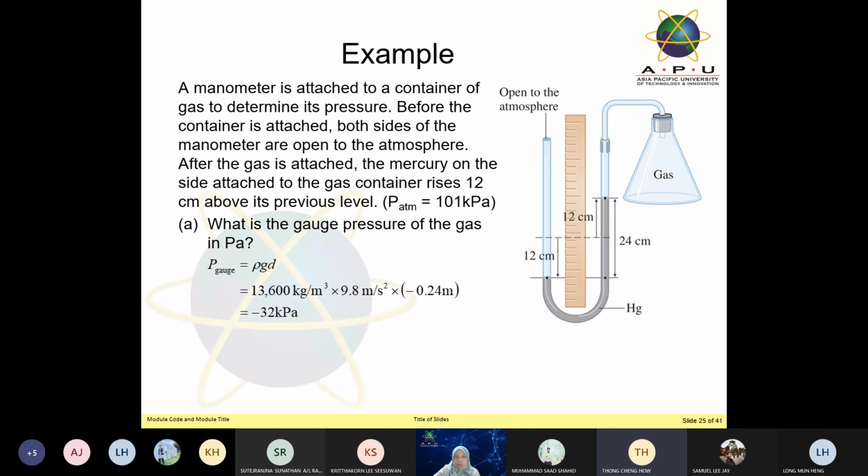Miss, how do you get 13,600? It's from a table. Wait, I show you the table. There is a table for the density of mercury.